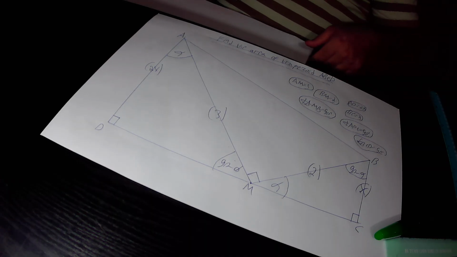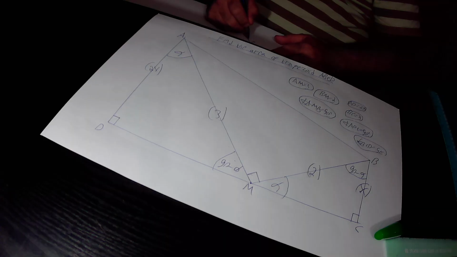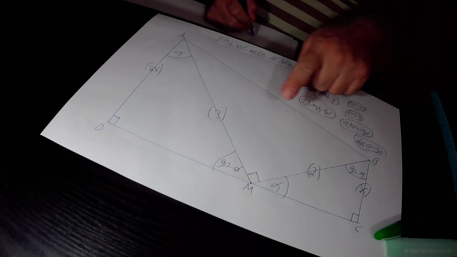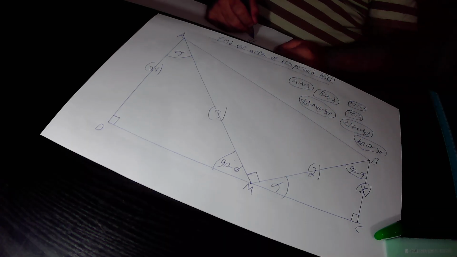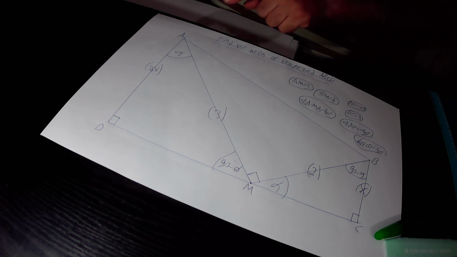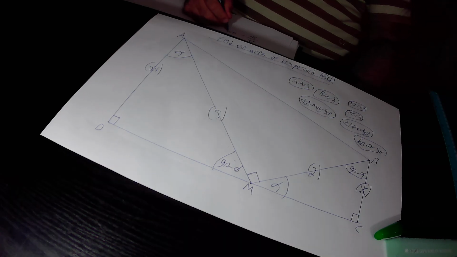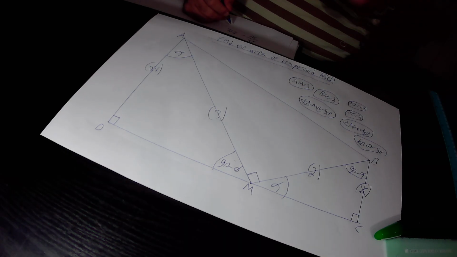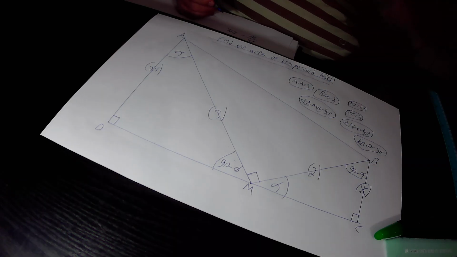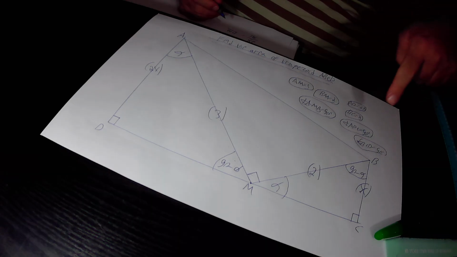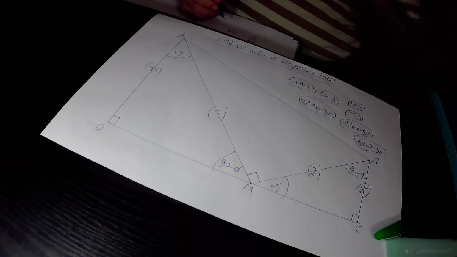AD is 2x over MC. MC is the missing side, so we leave it as it is. And it is equal to DM. DM also is the missing side, so we leave it as it is, over BC. BC equals x.